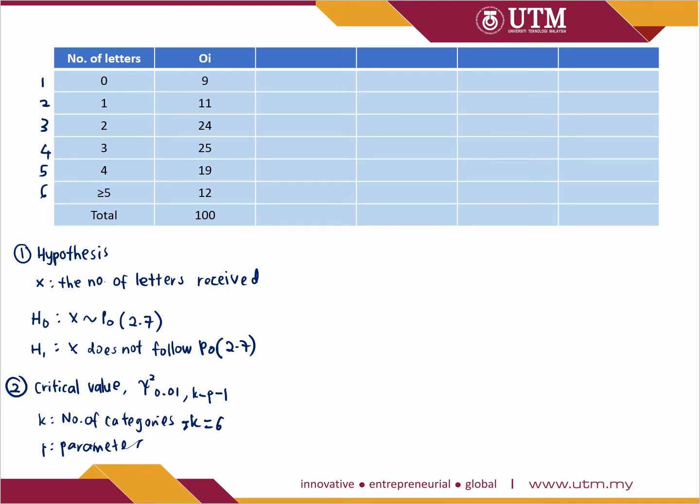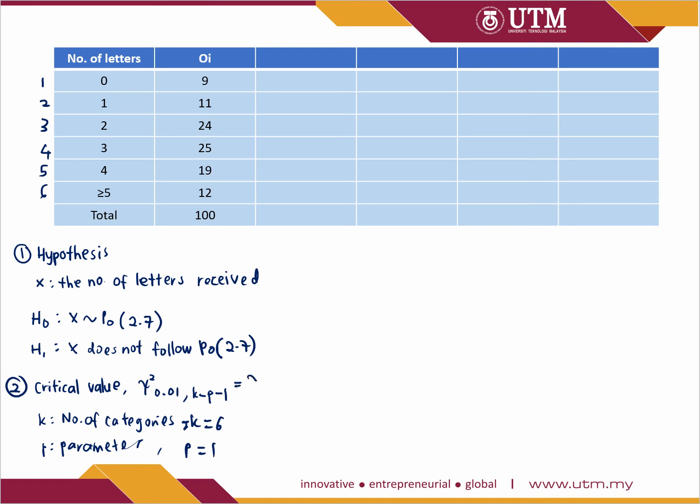The parameter involved in this problem is the mean that we found just now, which is 2.7, which means that we have one parameter, so p is equal to 1. We consider this mean as one parameter.